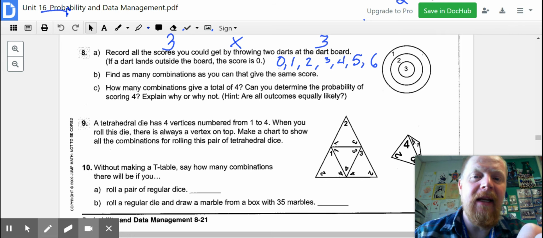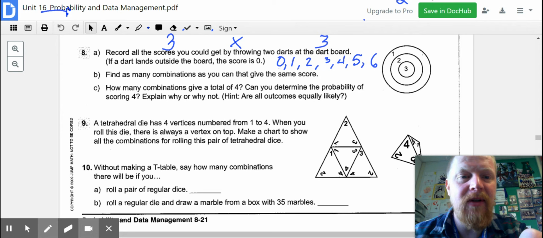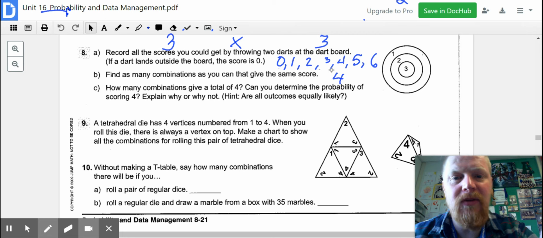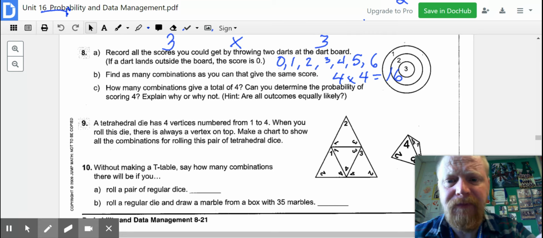Find as many combinations as you can that give the same score. Okay, well, there's 4 different numbers. I could get 0, 1, 2, or 3 with the first dart, and I could get 0, 1, 2, or 3 with the second dart. So there's a total of 16 possible scores that I could get, 16 different possible outcomes.